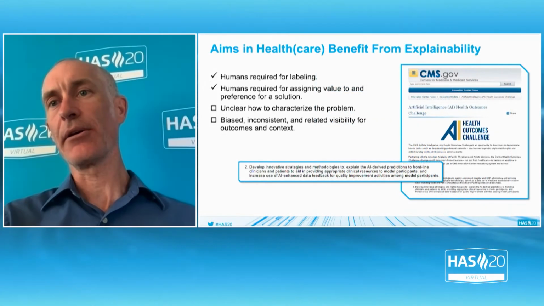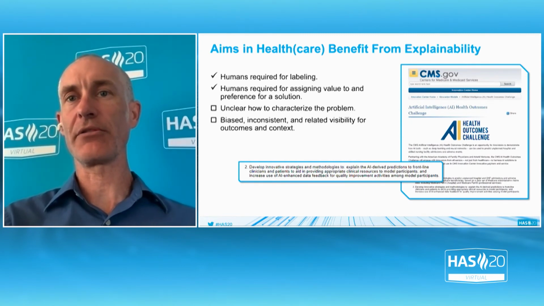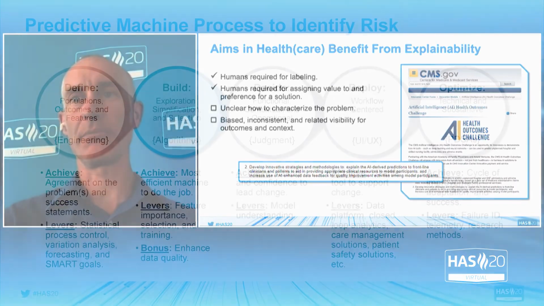As Terry mentioned, it's a care manager who's going to look at this risk score and decide what to do with it, even if it just changes her or his tone or how they start the conversation. There's almost always a human in the loop, and as a result, it's much more important in predictive models in health and healthcare that we be able to explain why the computer is working the way that it is so that human beings can trust it and be willing to act upon it.